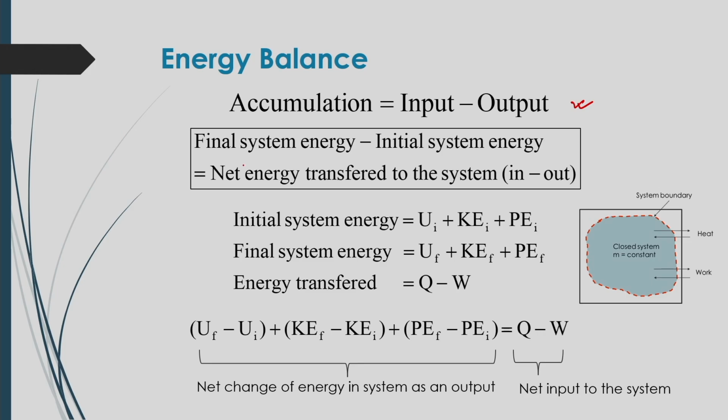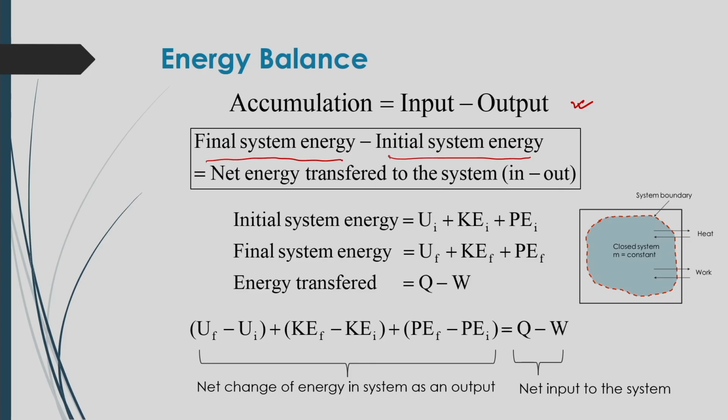So, we can represent the accumulation as the final system energy minus the initial system energy, and it equals input minus output. The net energy, input minus output, that is transferred to the system may be some heat energy, or work done by the system, or heat energy supplied to the system.